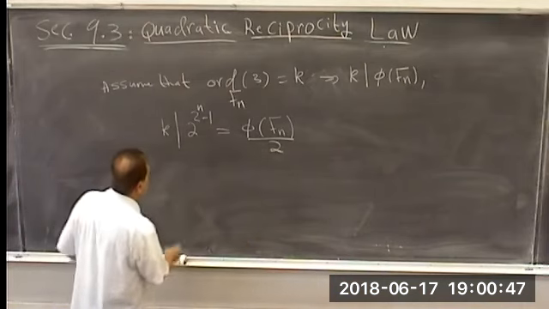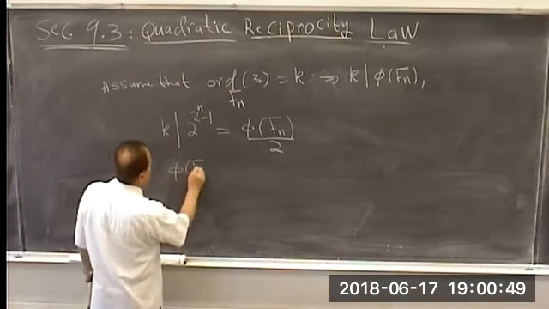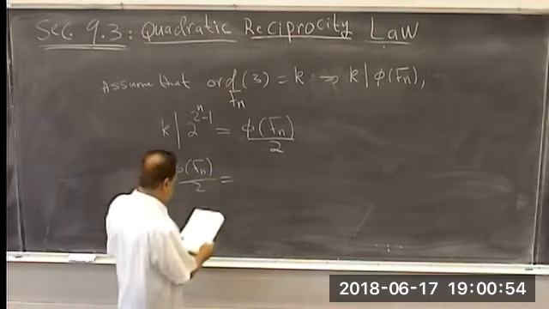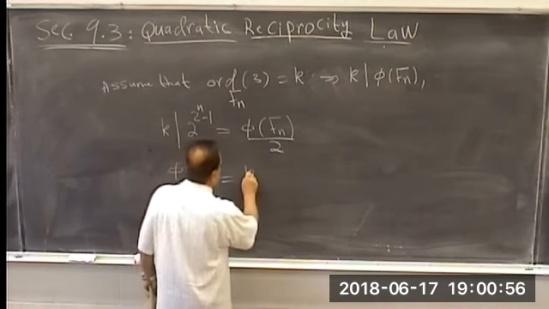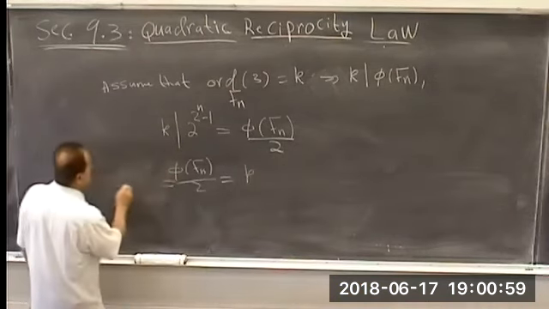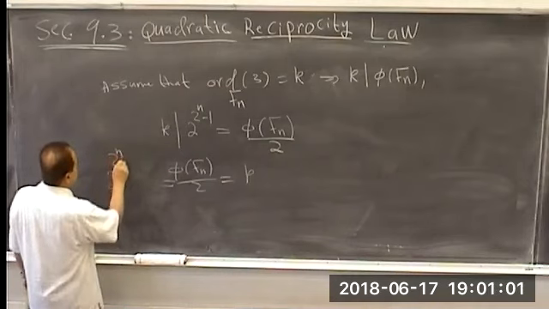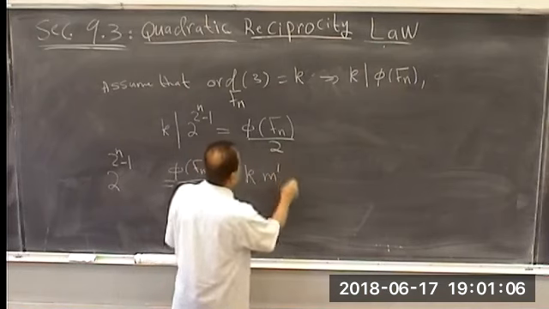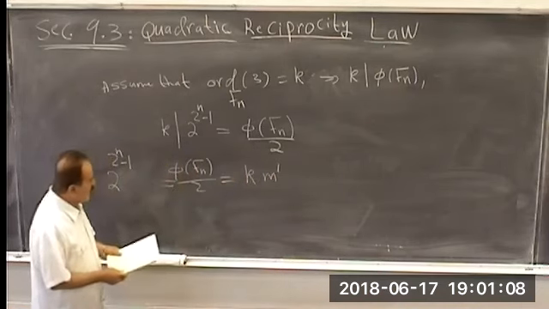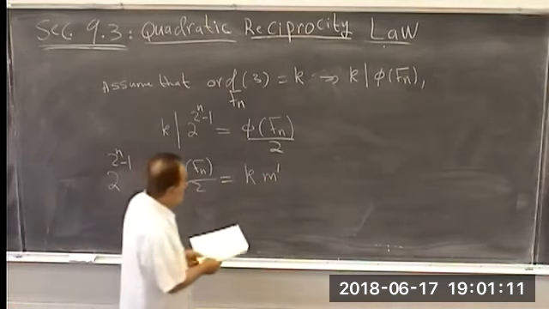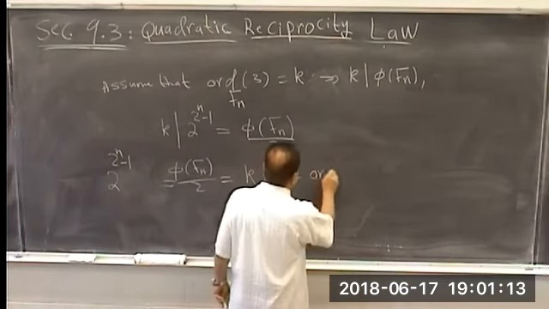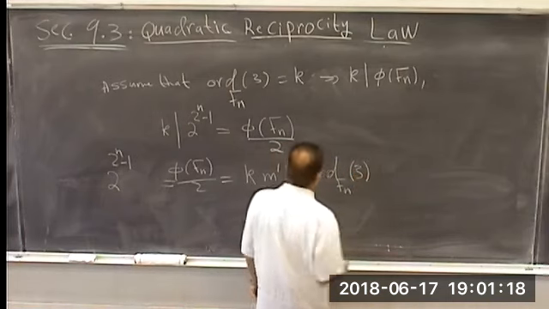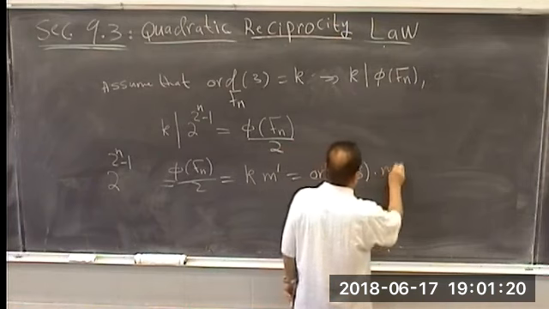So altogether, then we can say that phi of Fn over 2 is equal to k m prime, remember this? And now k is the order of 3, times m prime.